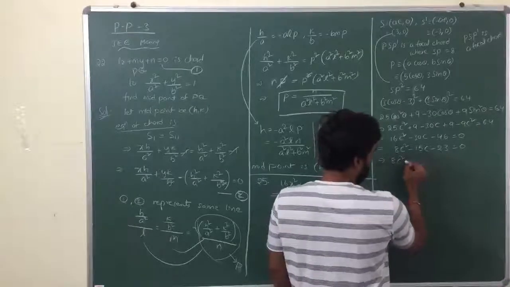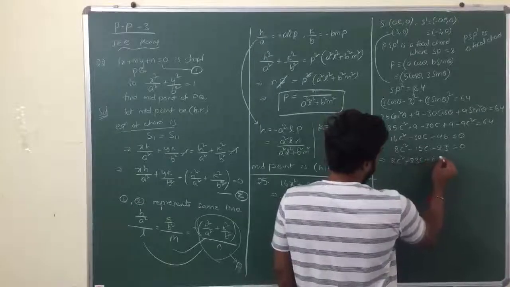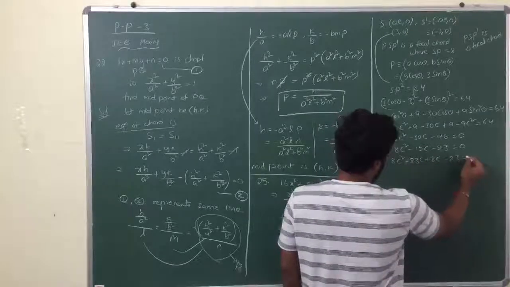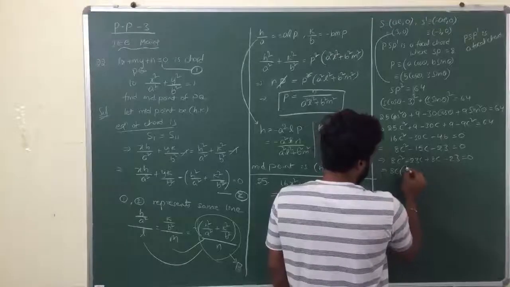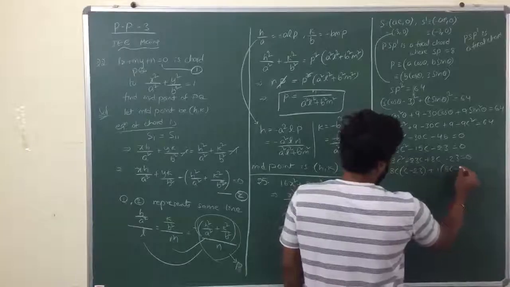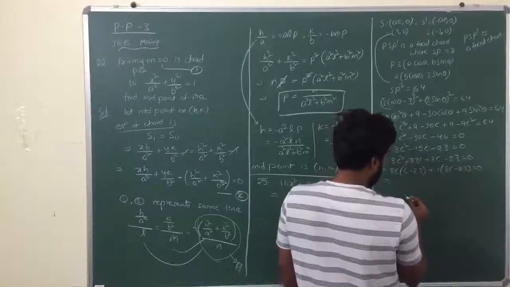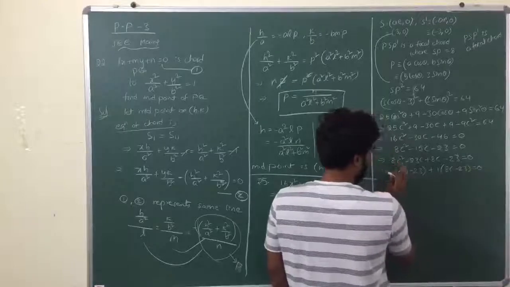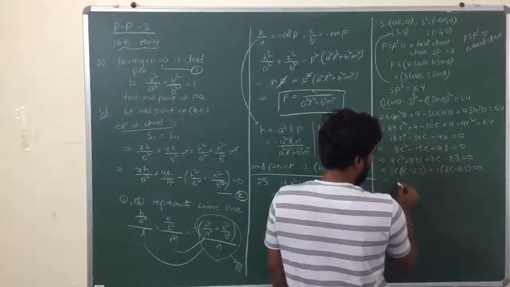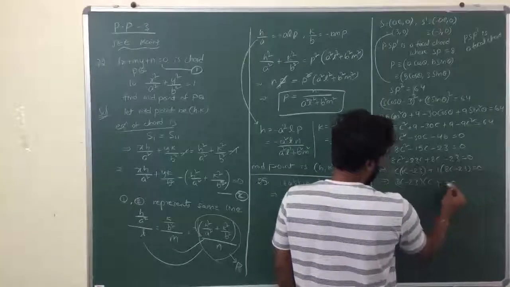Factorization, 8c square minus 23c plus 8c minus 23 is equal to 0. So 8c of c minus 23 plus 1 of 8c minus 23 is equal to 0. So 8c minus 23 into c plus 1 is equal to 0.